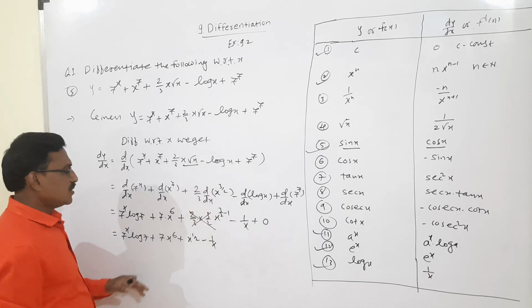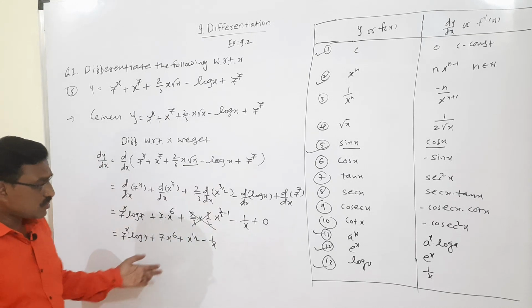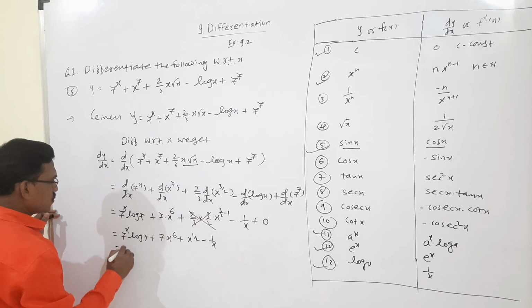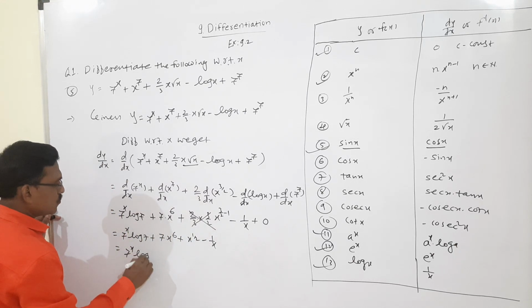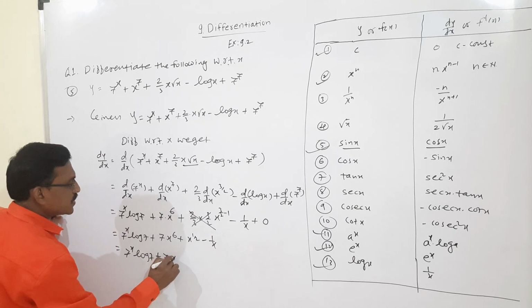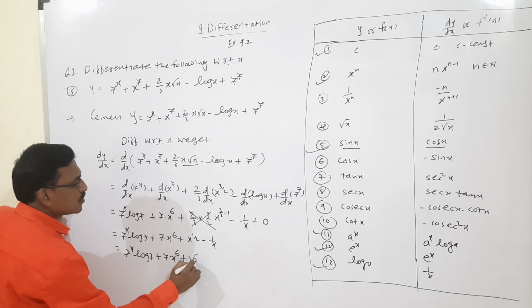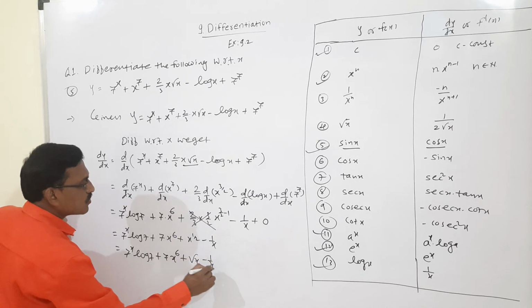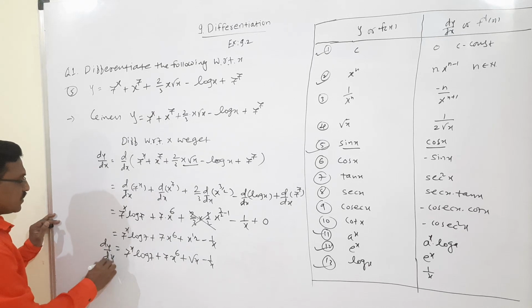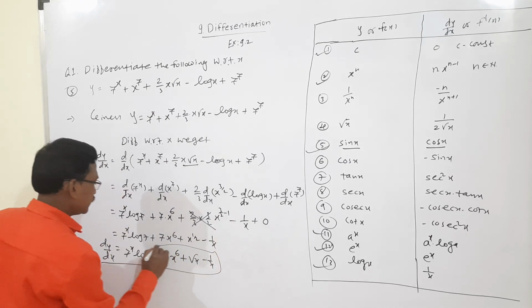It's final. Because 1 by 2 is the power of root, you may write root here also. So 7 raised to x into log 7 plus 7 into x raised to 6 plus root x minus 1 by x. So this is the final derivative of the given function y here.